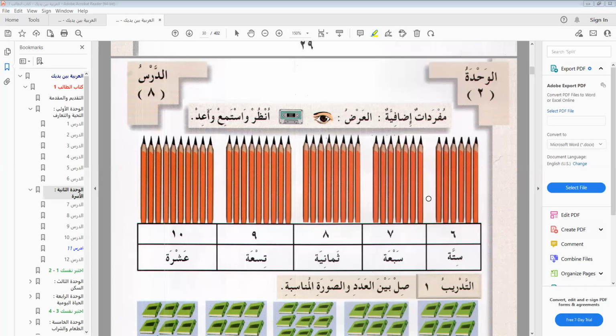So we have one, two, three, four, five. That is 1 to 5.